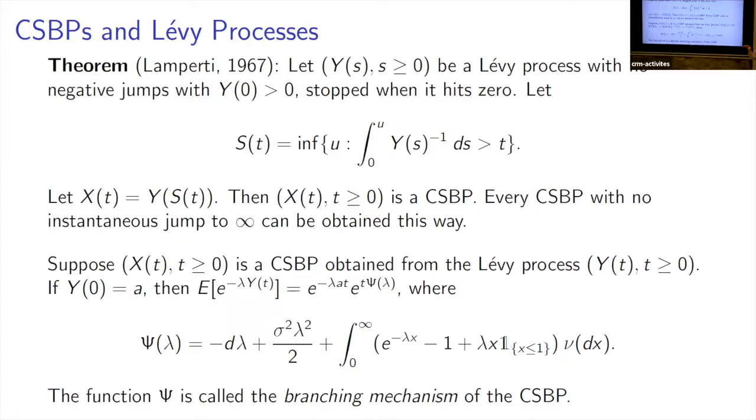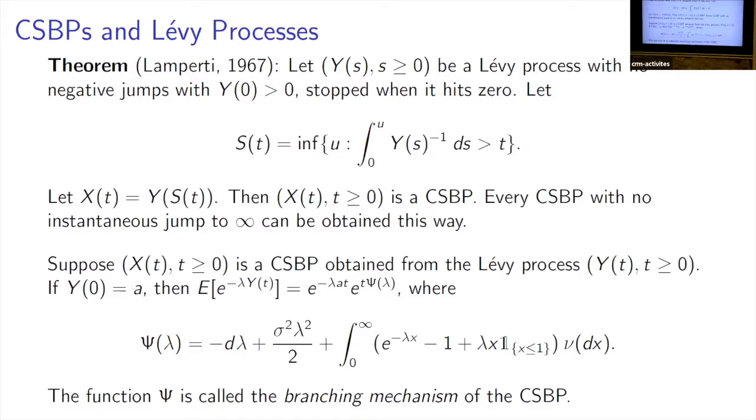And this should make sense because the individuals in the continuous state branching process are behaving independently of one another. And so the process should evolve like a Lévy process with stationary independent increments, except that if the population size doubles, changes in the population will occur twice as fast.